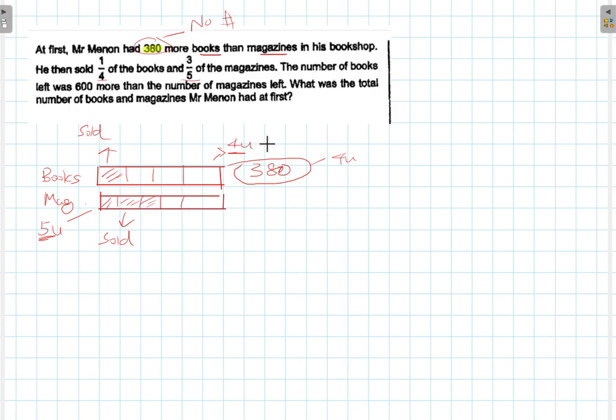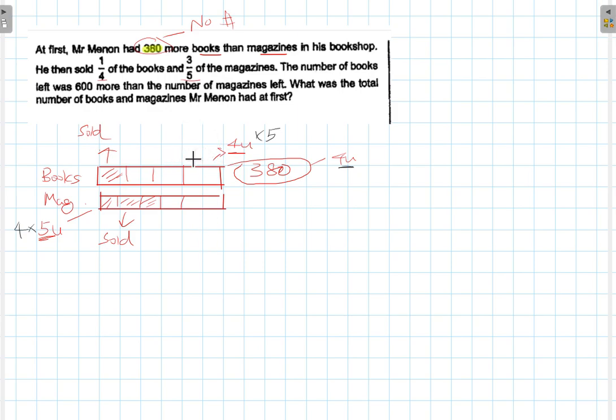Over here times 5. Over here I times 4. Please remember, don't times this, because this is not the same. This here is a number, it's not the same as this one. Only this portion here and this portion here is the same. So I only need to do something here to make them the same.